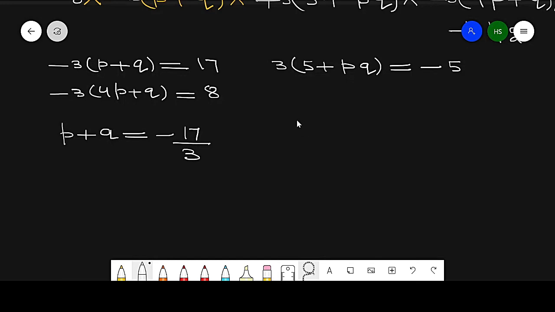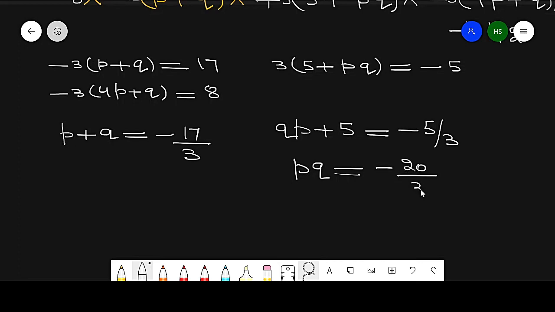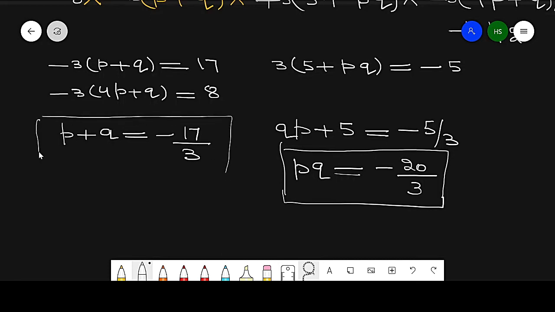And from this we can find the value of pq. So pq + 5 is equal to -5/3, so pq can be written as -20/3. This is the value of pq, and this is the value of p + q. So how can we find the values of p and q?